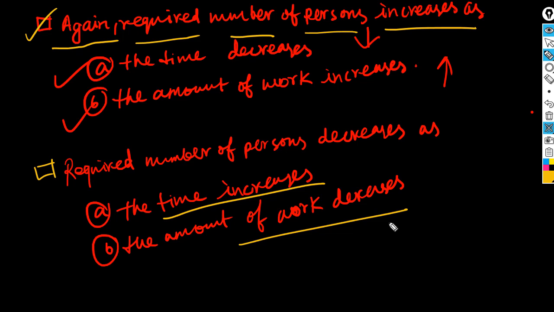Hence the time required is directly proportional to the amount of work, and the time required is inversely proportional to the number of persons performing the work. Again, the number of persons is directly proportional to the amount of work. Now I'm clearing this page.